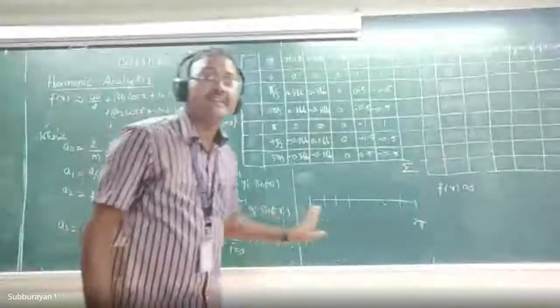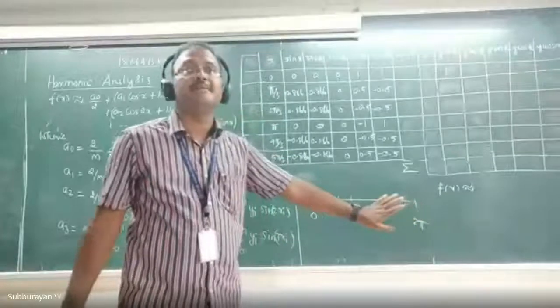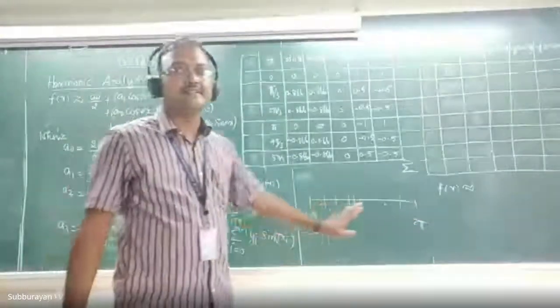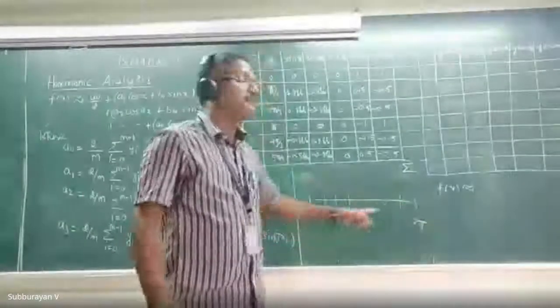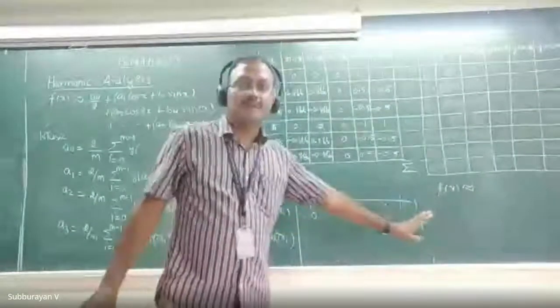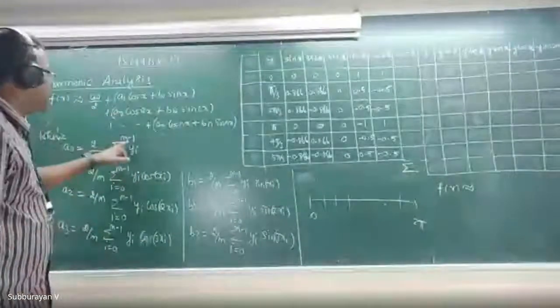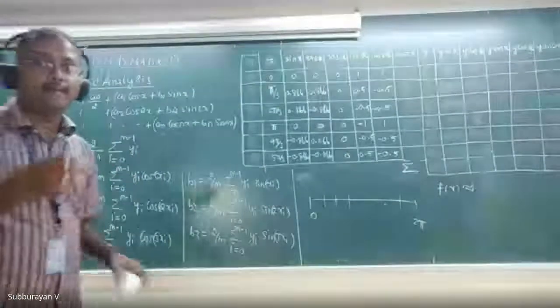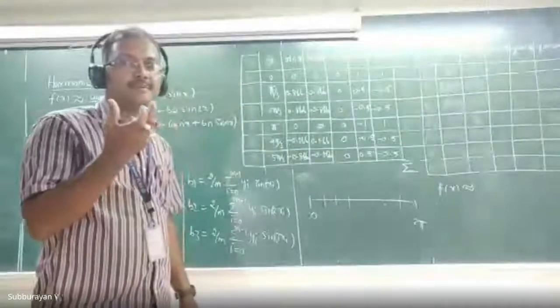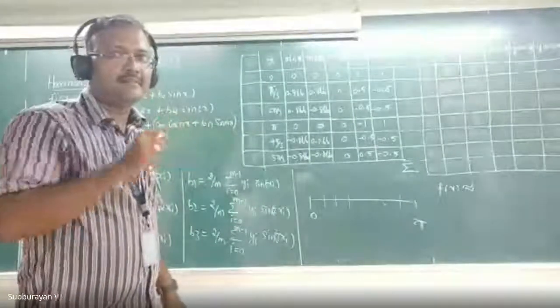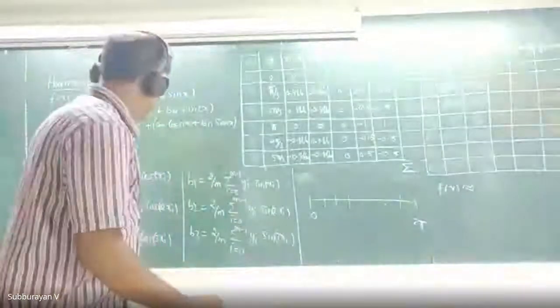That means we divide this interval into m subintervals. If you divide this interval into m subintervals, there will be m plus 1 points. Here m is the number of subintervals in the interval.